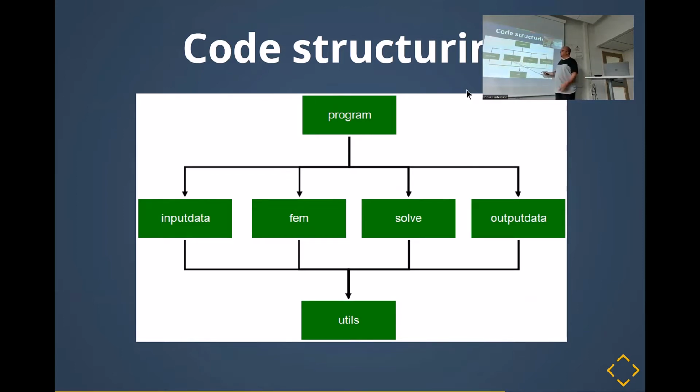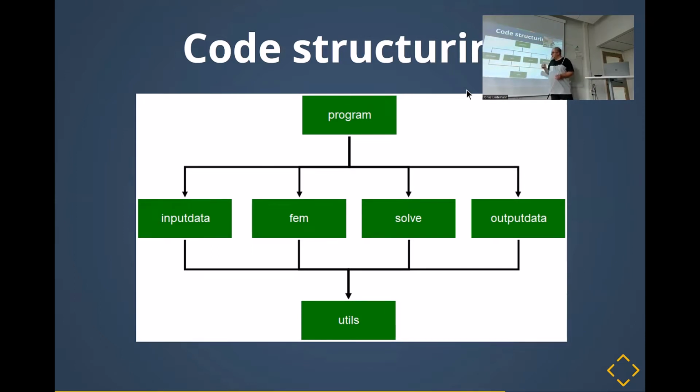You can have one that is, for example in structural mechanics, a finite element module with all your algorithms for finite element code. You have a special module for running your simulation, solving your problem, and you have a module for output data, writing your results to disk. And then perhaps you have something called the routines that you use in every module.